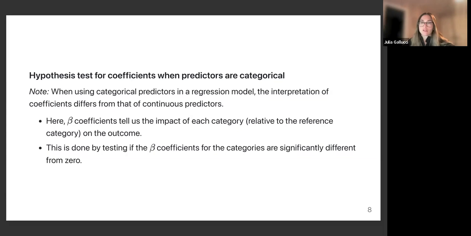For example, biological sex as male or female, particular region, or education level like high school, college, etc. As we learned in prior classes, categorical variables are converted into dummy variables, where one category is chosen as a reference, and the remaining categories are compared to it. So the beta coefficient, once again, tells us the impact of each category relative to the reference category on the response variable.